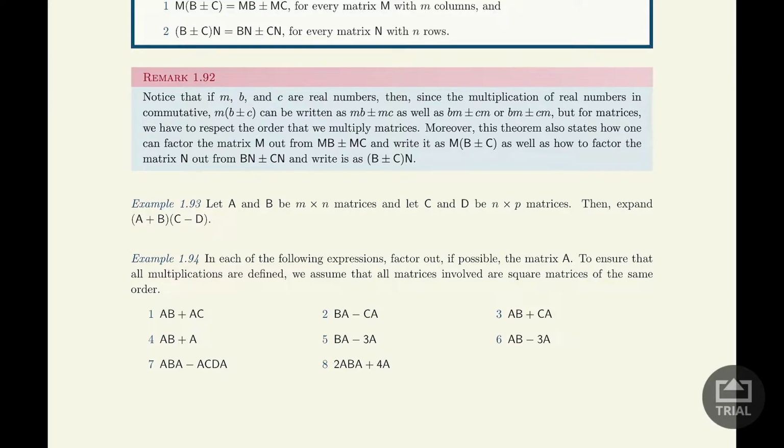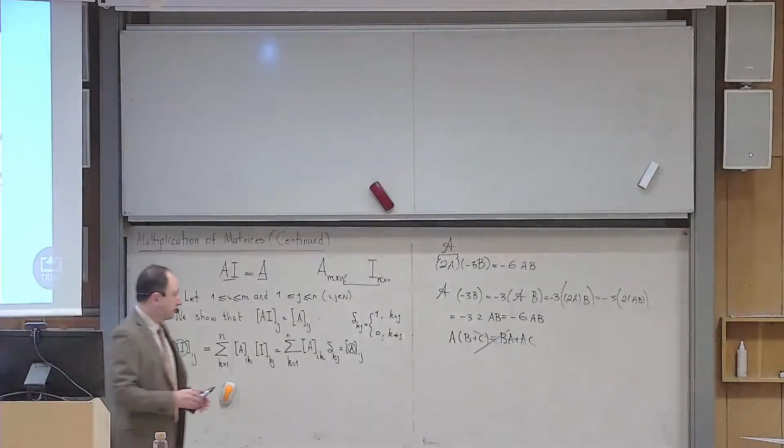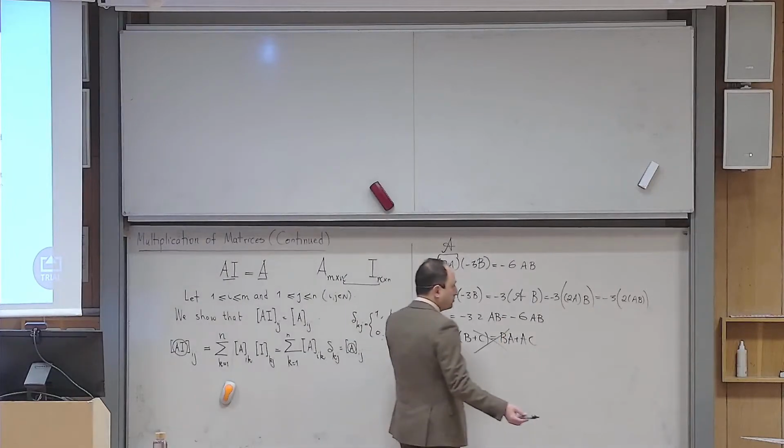Because I have asked you to factor out matrix A in each one of these expressions. Okay? I want you to learn that. This is important. So you know that, by the way, when I say distributivity, I also mean factorization.